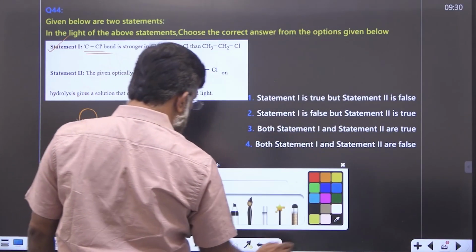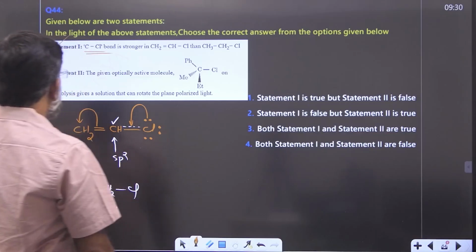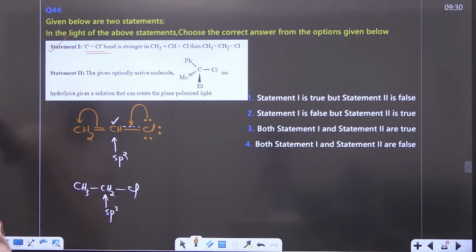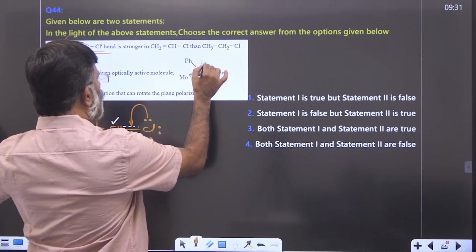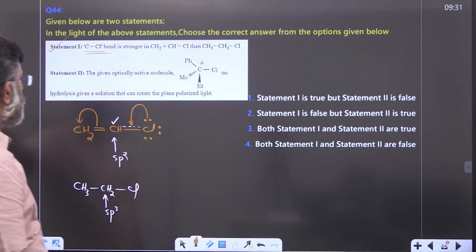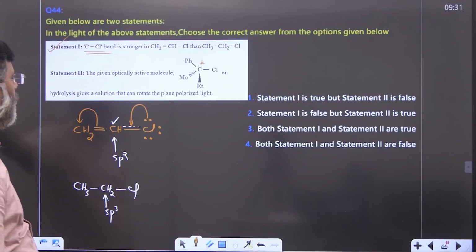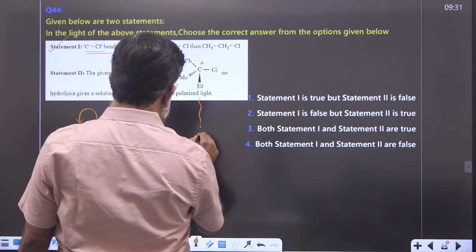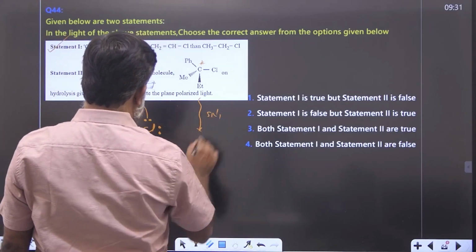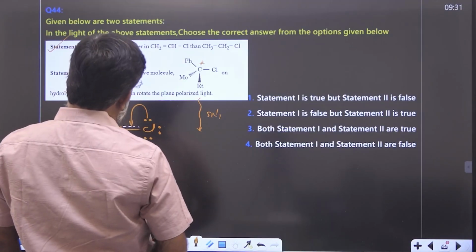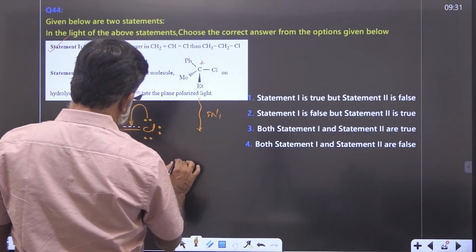What about statement 2? The given optically active molecule on hydrolysis gives a solution that can rotate plane polarized light. The given molecule is optically active. Upon hydrolysis, it will undergo SN1 mechanism and you will get a racemic mixture.